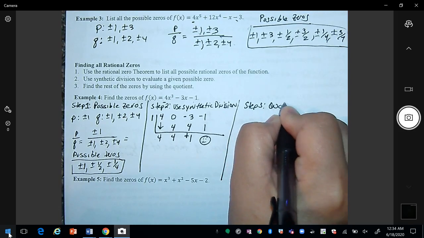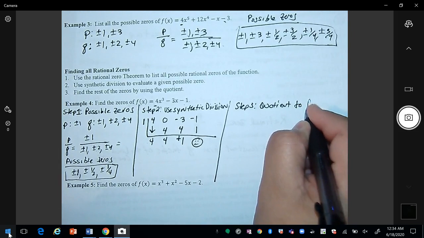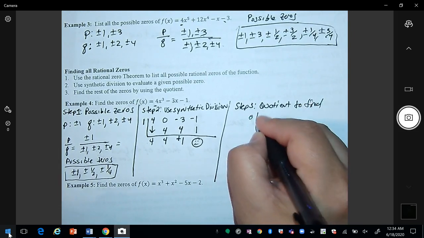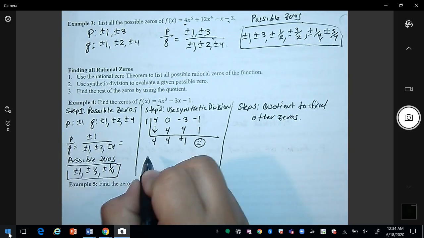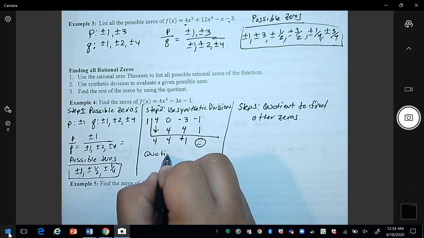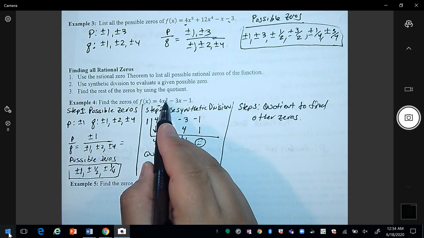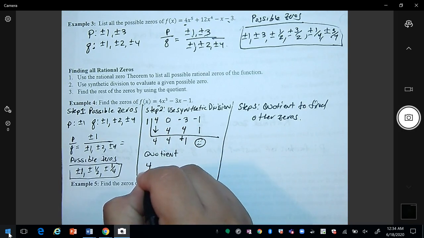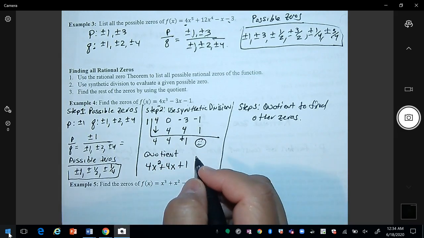Step 3 is to use the quotient to find the rest of the zeros. So my quotient here, remember we go 1 power less. If we started with a cubic, now this is going to be 4x squared plus 4x plus 1.